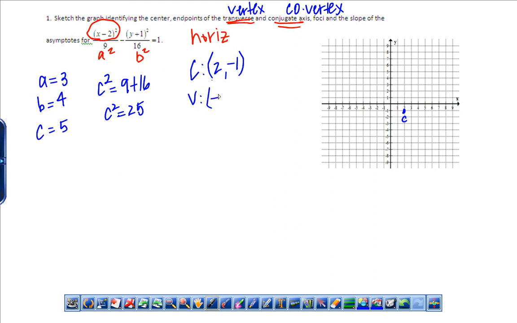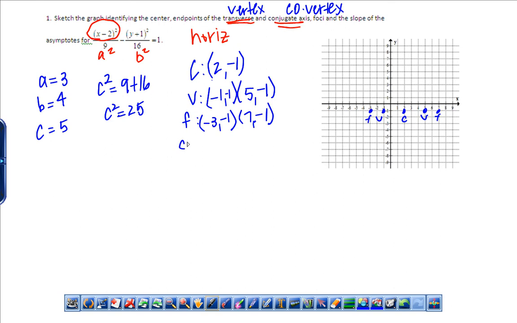That should make this (-1, -1) and (5, -1). Your focus is also going to go left and right, and I'm going to move that with a distance of 5. Remember, your focus is out further. So out 5 from your center is going to give you (-3, -1) and (7, -1).